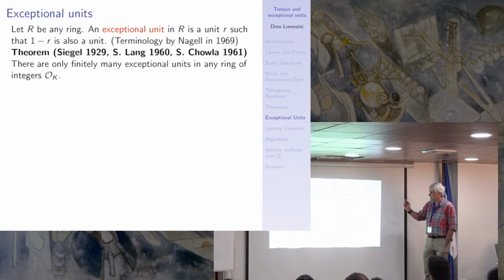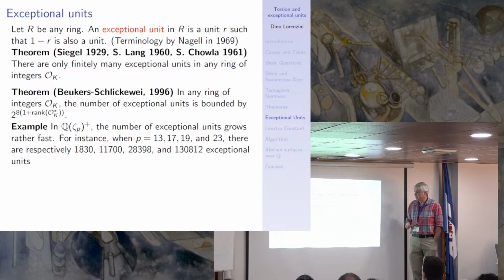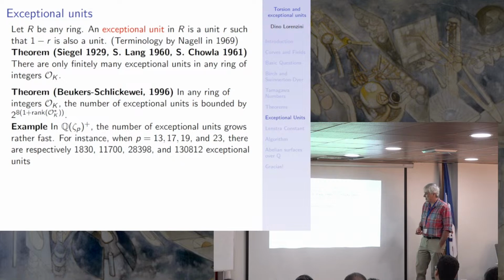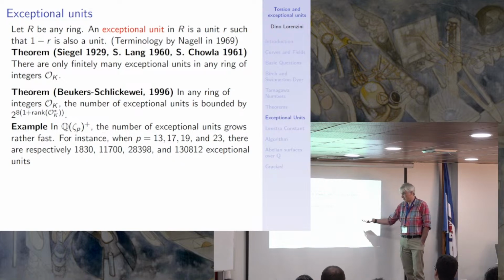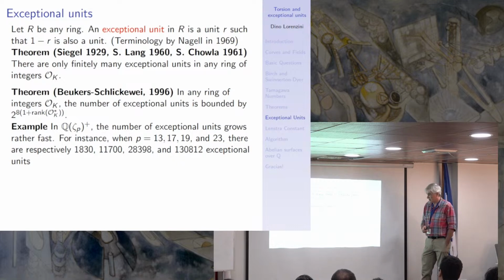Okay, so the next theorem is in 1996. You have an explicit bound for the number of exceptional units, 2 to the power 8 times (1 plus the rank), right? And as examples, already for Q(zeta_p)^+, you can compute the number of exceptional units, and it grows. These are subsets of units that become hard to deal with as you increase the size of the prime.